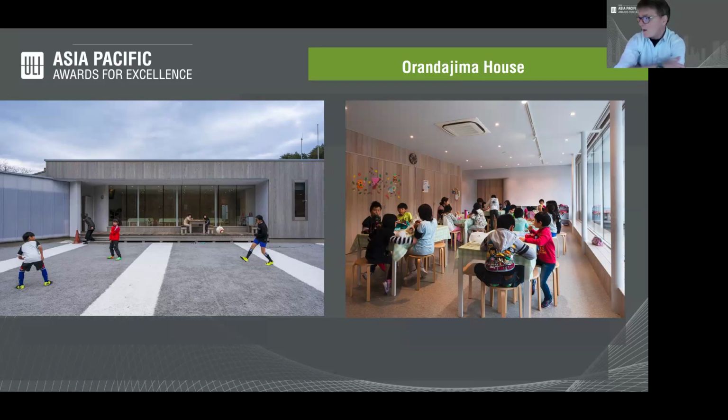And they created this space which was usable for preschool children to hold lessons, and then also for other people later on for whatever social events that they wanted to use it for.